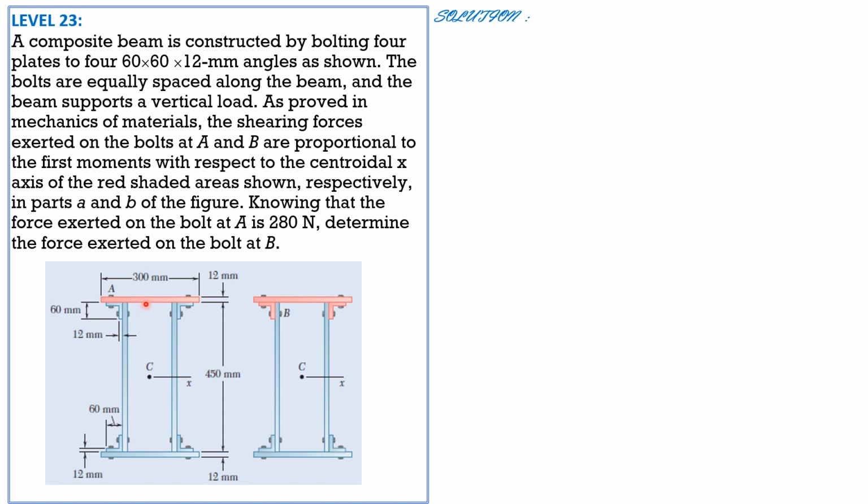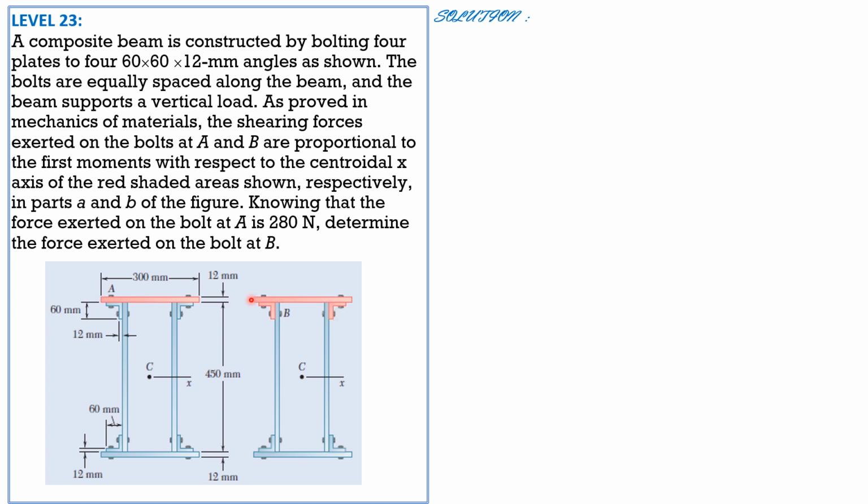So for part A, the shaded area is just this, and its moment about C can be easily computed. For part B, we have to consider also the moment of this additional angle.